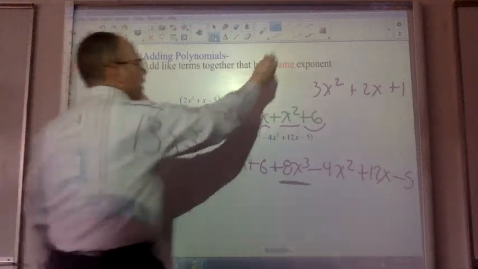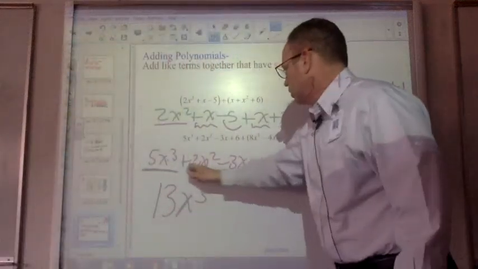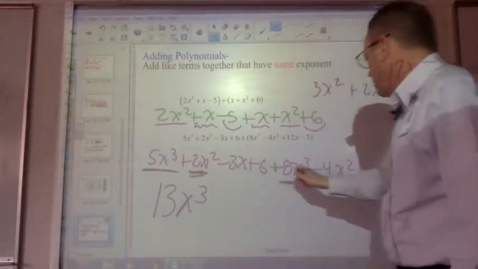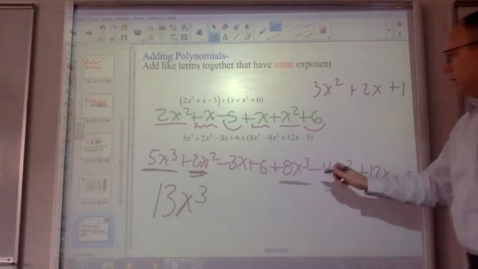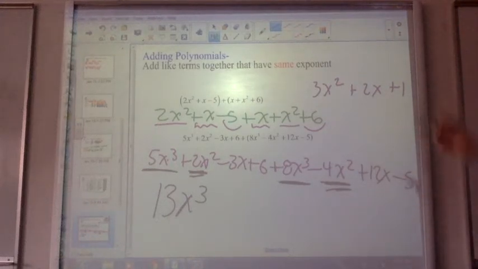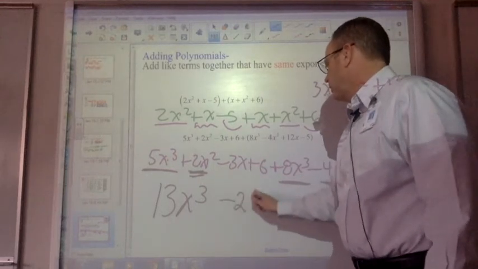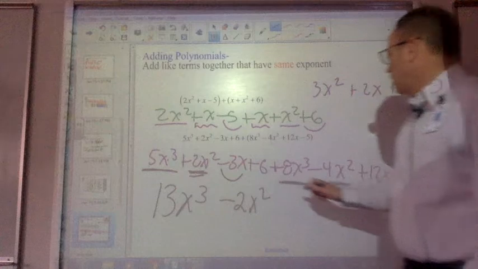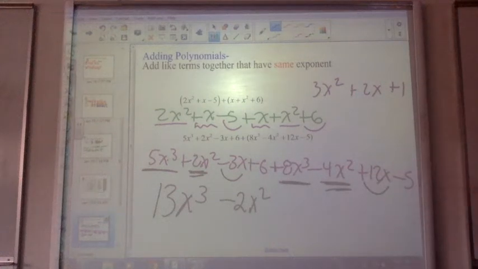What else? Wait, hang on. 2x squared here and here. Oh, it's negative 4. 2 minus 4 is negative 2x squared, right? And I have here negative 3 added to 12.